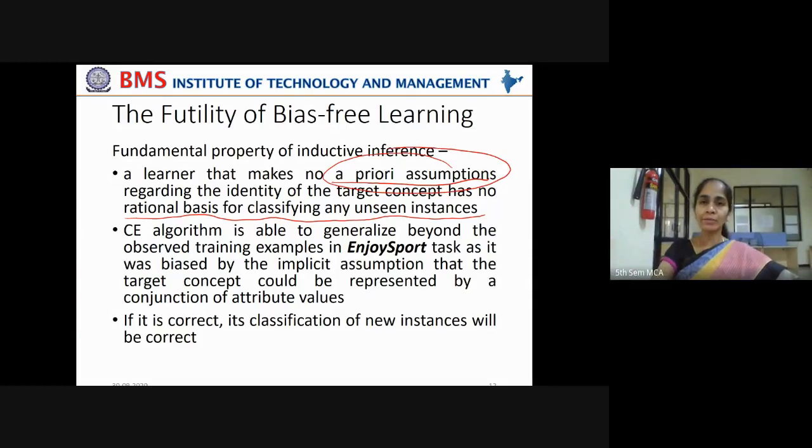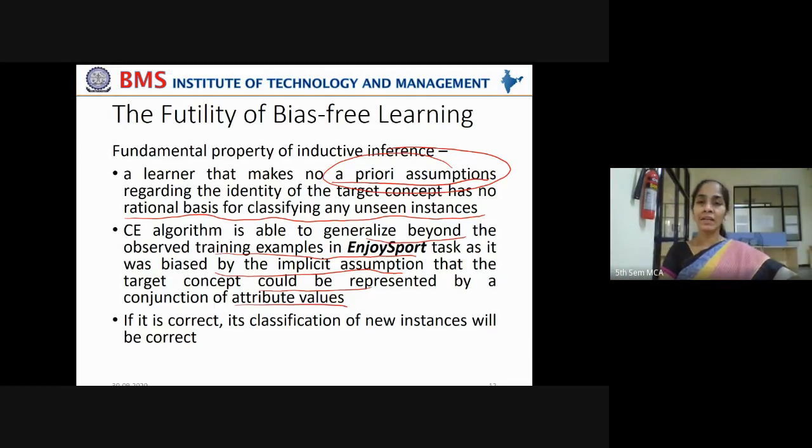In order to make it highly generalizable, we have to make some a priori assumptions. And what is the a priori assumption made here by the candidate elimination algorithm? That it has to consider only conjunctions of the attribute values. That means only all the combinations together should be true. If any one of the combinations is true, it doesn't consider that, right? So the candidate elimination algorithm is able to generalize beyond the observed training examples in the EnjoySport task, as it was biased by the implicit assumption that the target concept could be represented by a conjunction of attribute values.